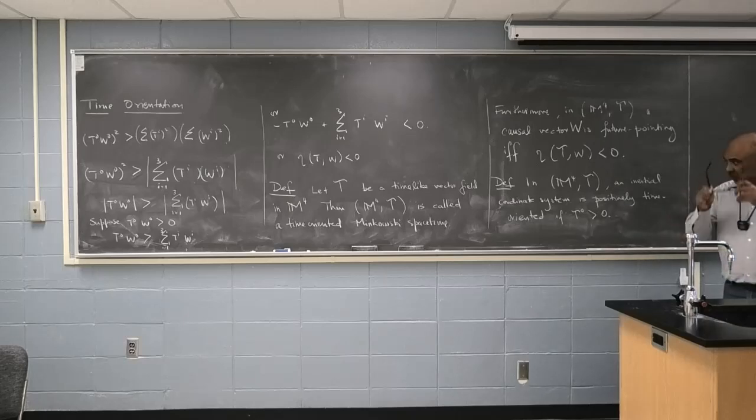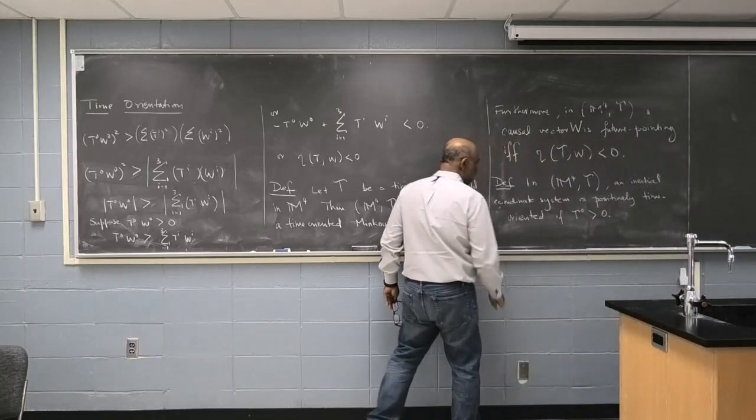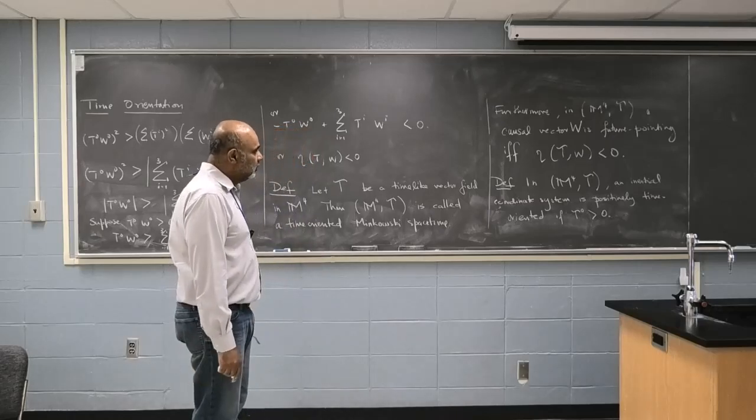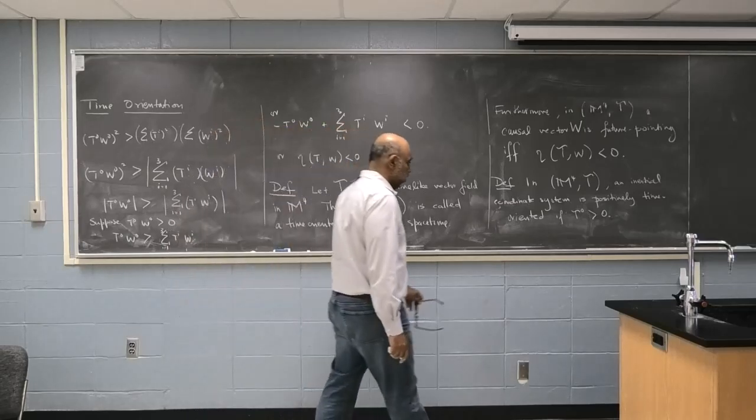That's a definition. Cool. Is there another row? Yeah. In Minkowski, tau, or T, the inertial coordinate system is positively time-oriented if T0 is greater than 0.